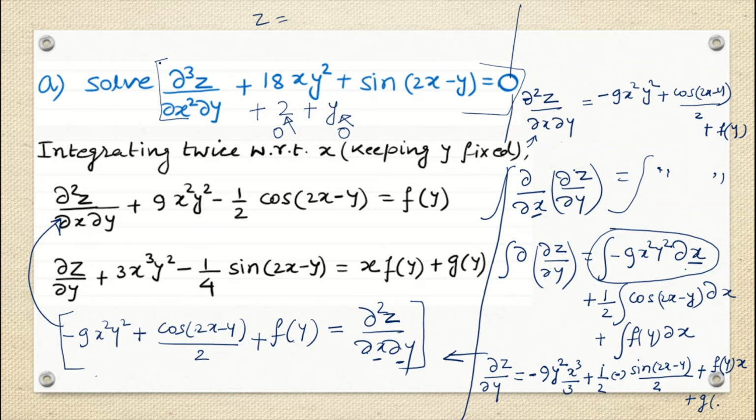So this will be my arbitrary function, because here also I'm finding out integration with respect to x. That means I have got the arbitrary function with respect to y, that means plus gy. Fine.